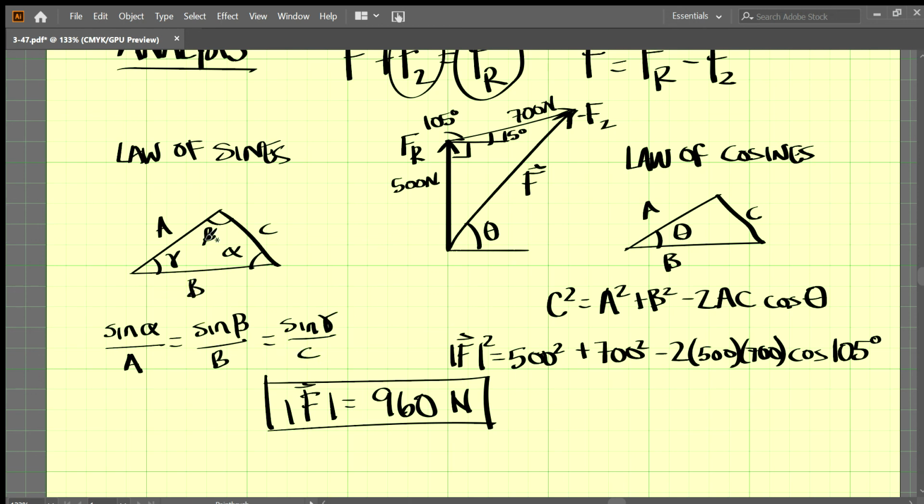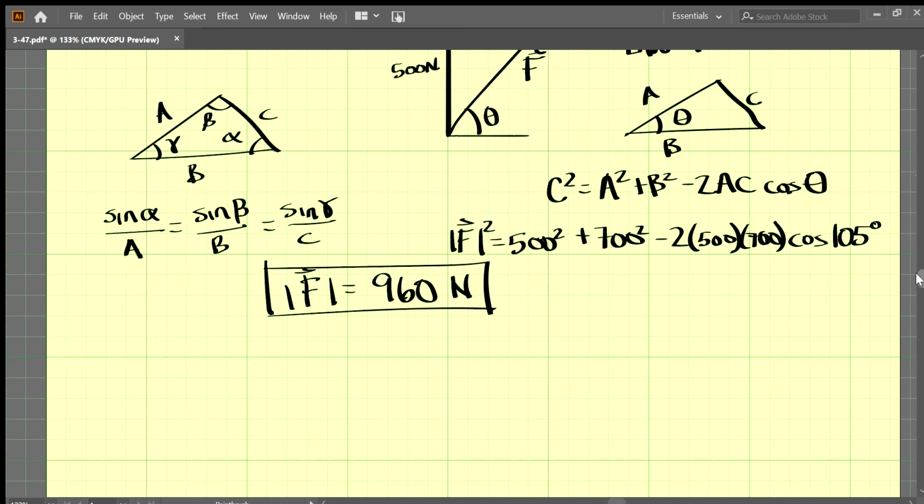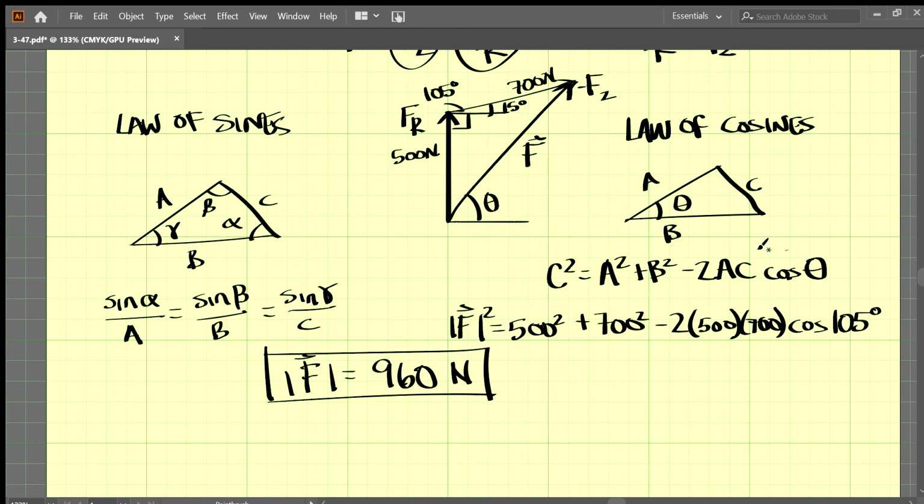Okay, and notice how I arranged these, right? The way the proportions work, it's the angle and the length of the opposite side. So make sure that you have the triangle arranged in the proper way here. All right, so alpha corresponds with A, beta corresponds with B, and gamma corresponds with C. All right, well, we can use this law of sines in our own problem here.